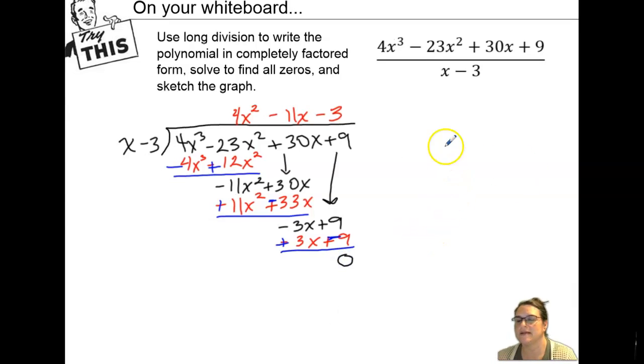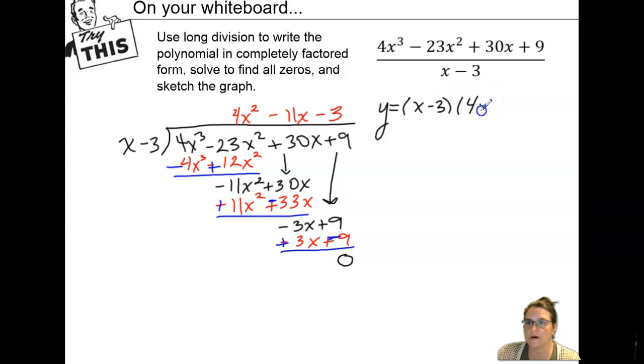So that means that I can rewrite this polynomial in factored form as x minus 3 times the quantity 4x squared minus 11x minus 3.